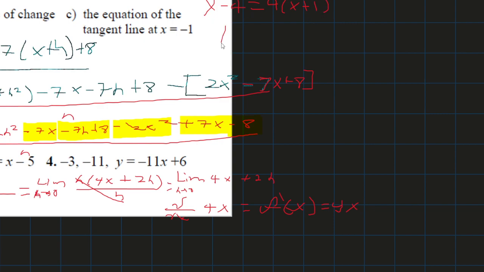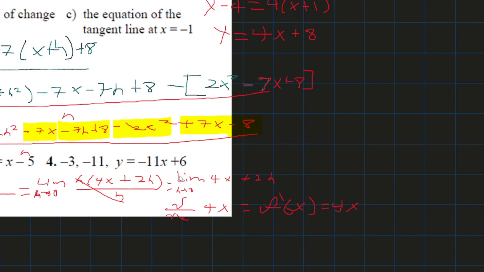You can do this all into the y-intercept form, which I'm doing right now. If I did my math, everything should be fine. It is not equal to the answer given here, so I might have done something wrong.